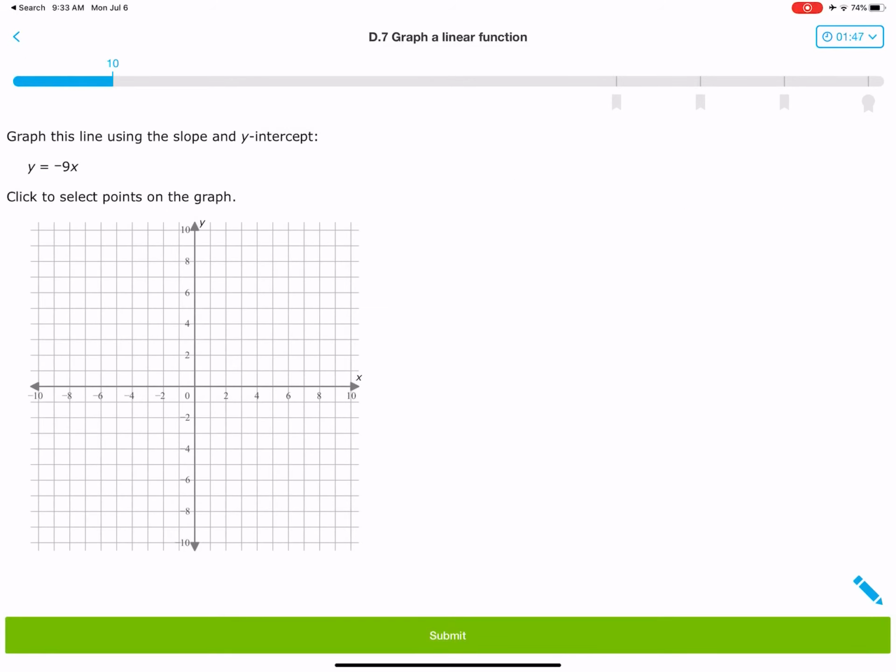Now, guys, remember, IXL also gives you examples at the beginning. It doesn't show on my iPad, but if you are confused, you can always look at the examples, okay? So, our slope is the number in front of x, -9. Our y-intercept, our b, there isn't anything. We aren't adding anything, so that's 0.